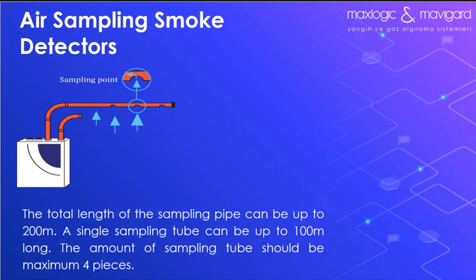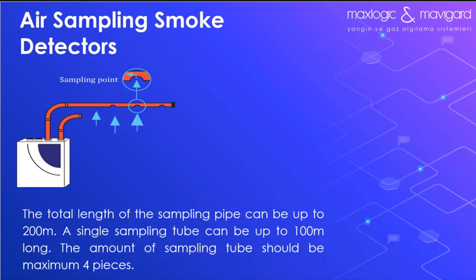Active air sampling detectors are used in places such as system rooms, archives, museums, libraries and cold storage. They work on the principle of taking the air in the room through sampling pipes on the ceiling and checking for the presence of smoke particles by passing this air through a filter.